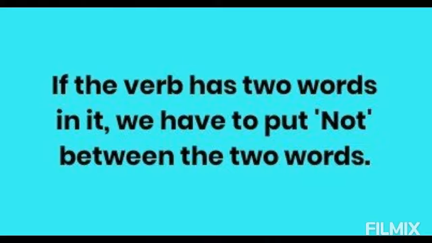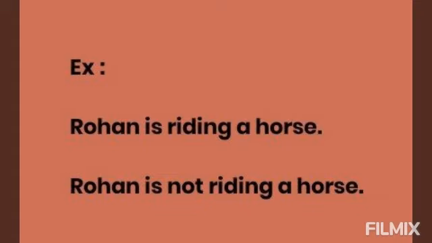Okay. If the verb has two words, we have to put not between the two words. For example, Rohan is riding a horse. In this sentence, which one is a verb?